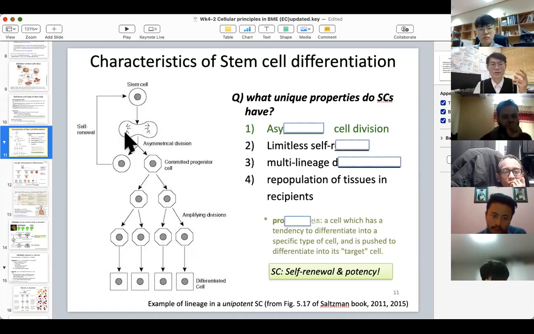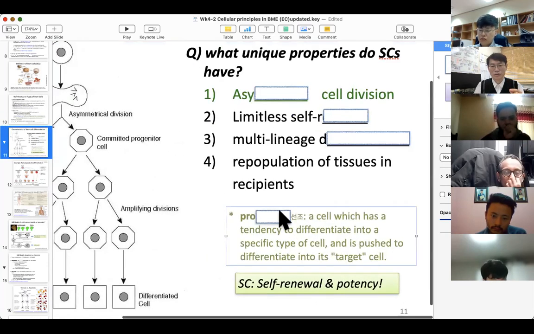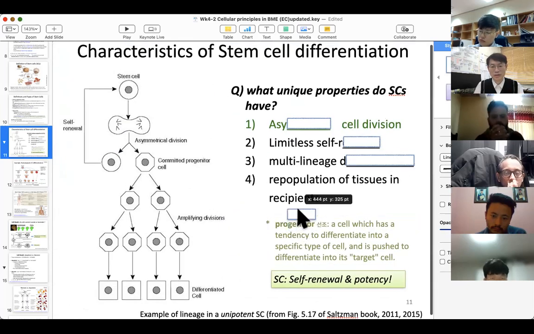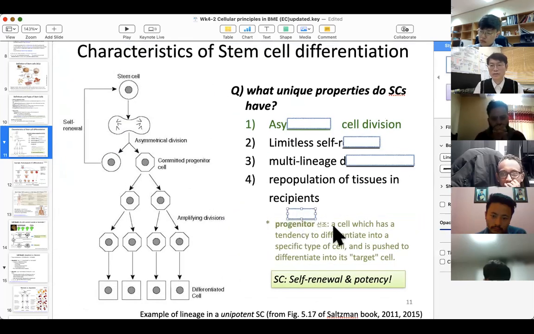When they divide, one becomes self-renewal and remains as a stem cell, while the rest become progenitor cells. A progenitor cell has a tendency to differentiate into a specific type of cell, ultimately the target cell.